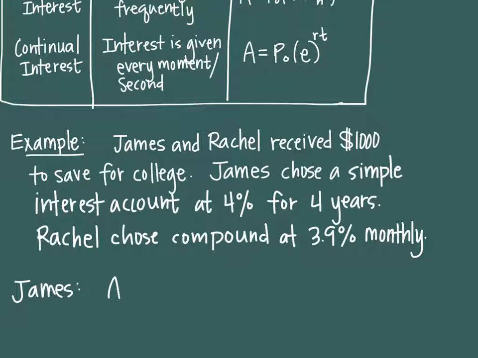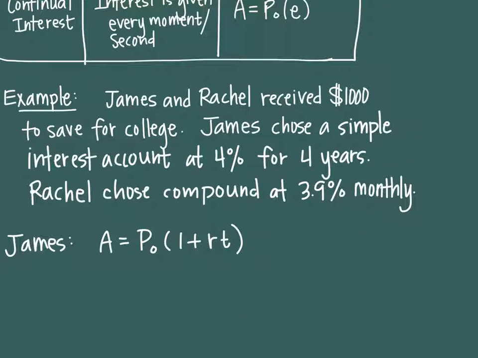So because he's doing a simple interest account, we're going to do A equals P sub 0 times (1 plus RT). And so for James, his P sub 0 is 1,000. His R is 4%, so we're going to put in 0.04. And his time is 4 years, so we're going to multiply that by 4, and then we'll work that out.